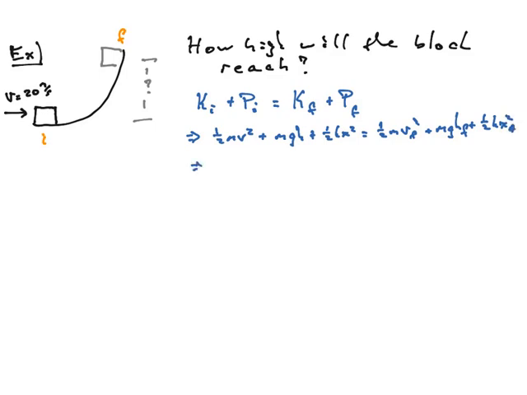All right. Start asking our questions. Initial state. I'm here at the bottom. Am I moving yet? In this case, I am. I'm told at the bottom I'm being pushed with initial velocity of 20. Thus, I do have an initial velocity, so 1/2 mv squared stays.